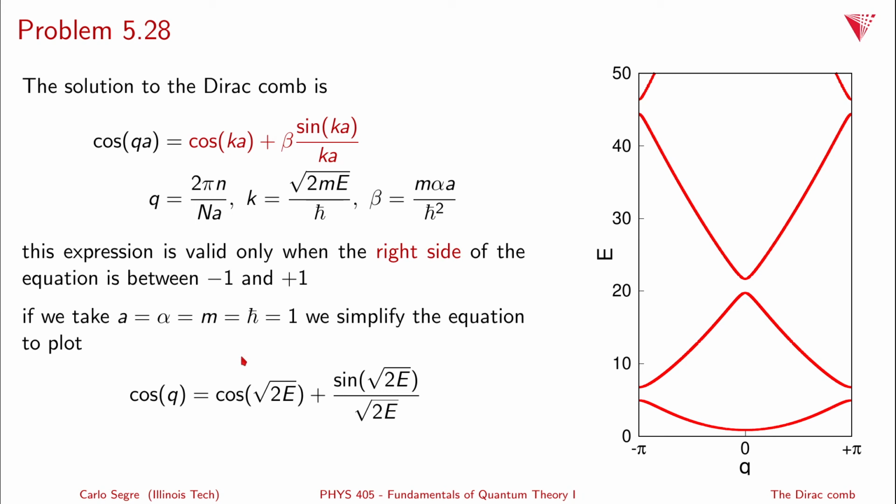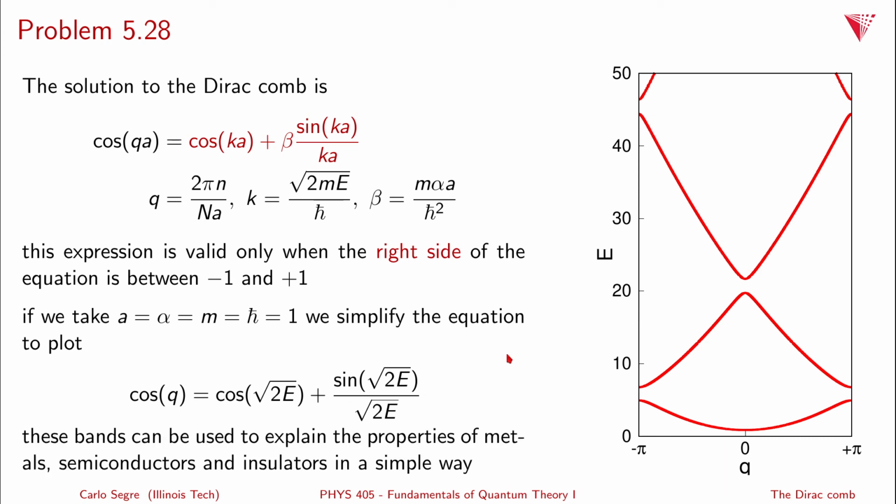But n goes to infinity. So what we're doing is we're taking bands that would be appearing in regions like from plus pi to 2 pi and minus pi to minus 2 pi, and we're transporting them all back into this region from minus pi to pi because cosine of qa is periodic. So we can bring it all back into this and visualize the bands.